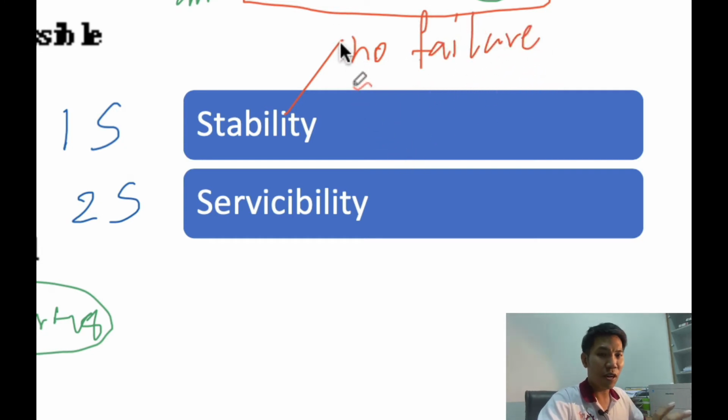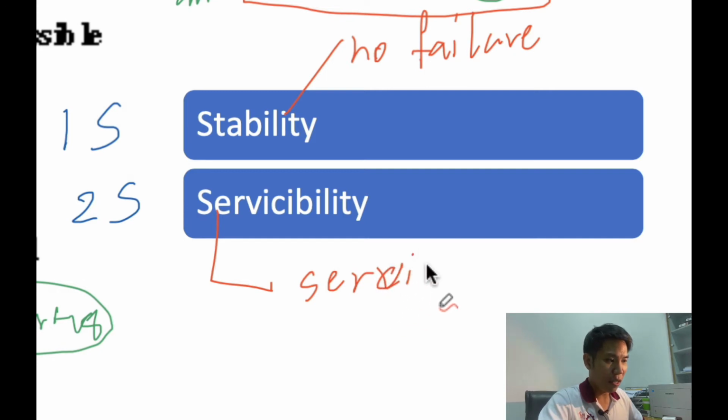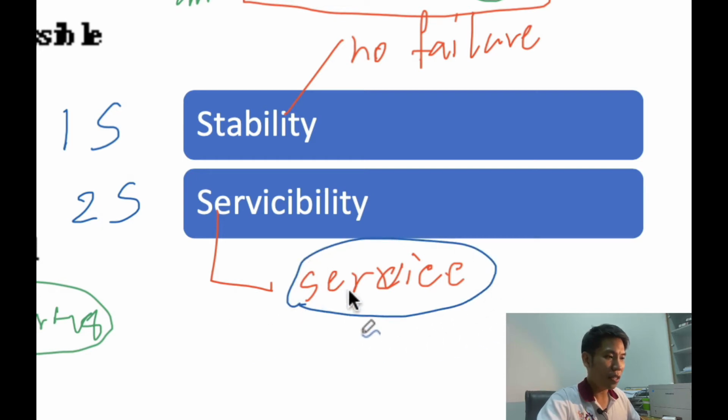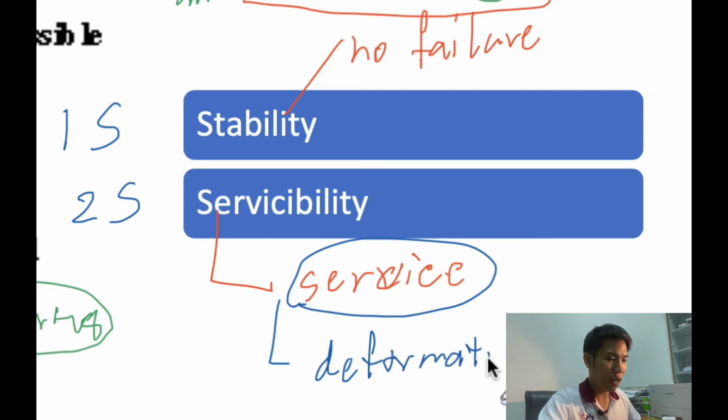No failure should occur to the pile. And serviceability means that the pile has to serve. If the pile can serve, you have to check that the deformation of the pile should not exceed a certain length.